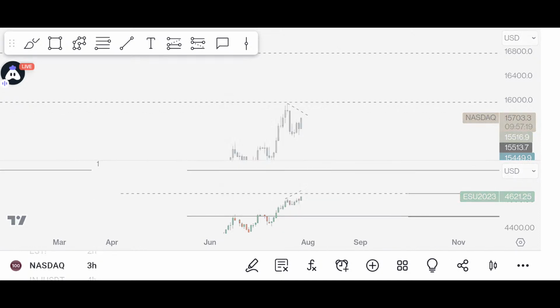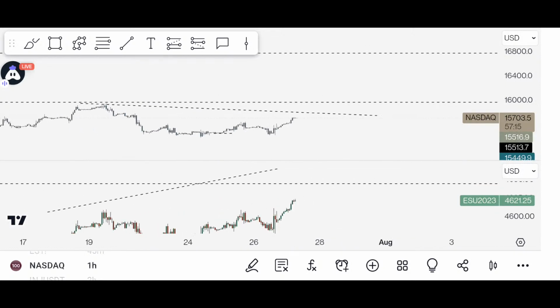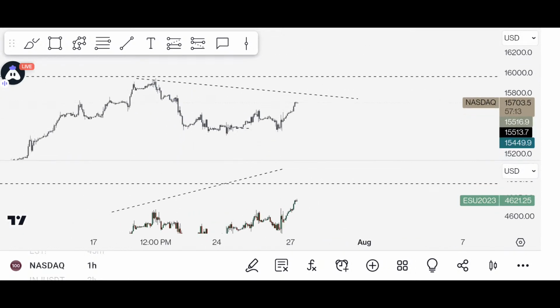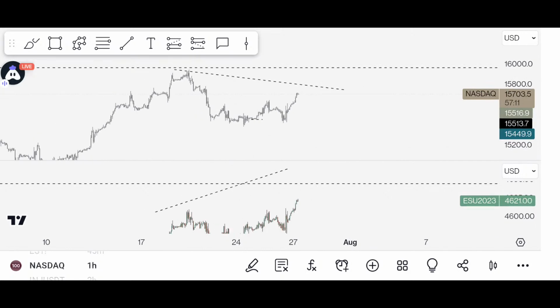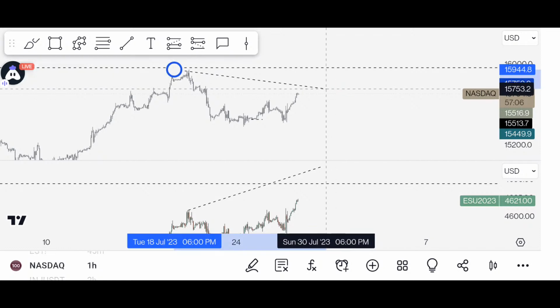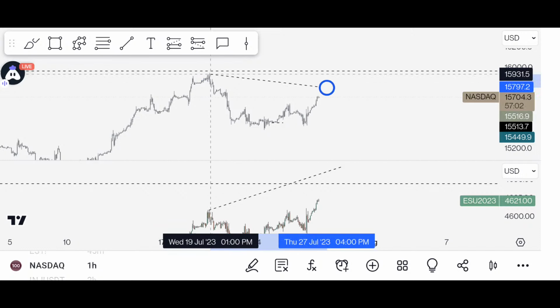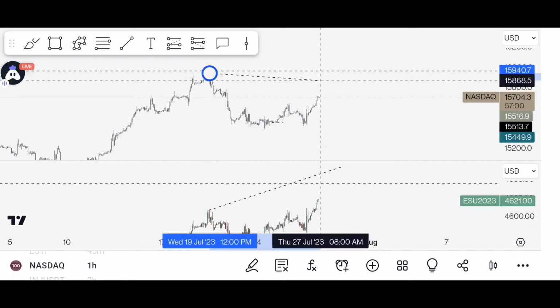I don't think the price will come down before this sweep happens, either in Nasdaq or in ES, and there is also this divergence. So I want the sweep in ES and I want Nasdaq to stay below this premium. So that will be the perfect scenario.